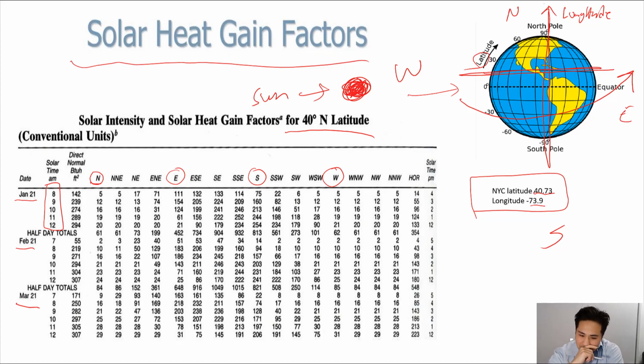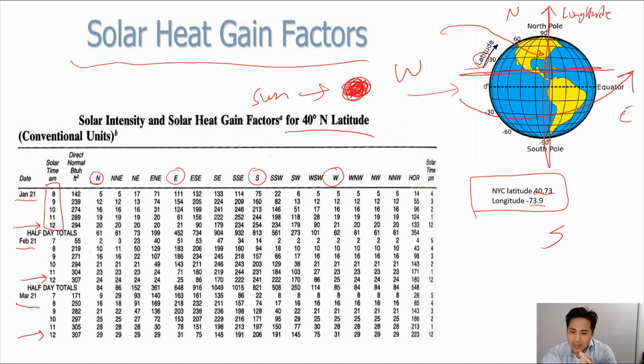So looking at this table, noon, which is this 12-hour mark here, is the time of day that the sun is at the highest point at a particular location on the Earth. In this example, using the location of New York City, which is right around here, the sun at its highest point is going to be directly facing the south side of a building, for example.